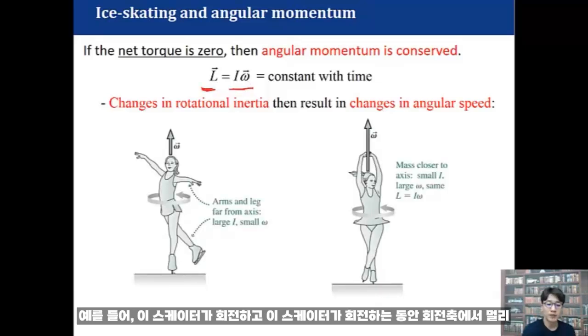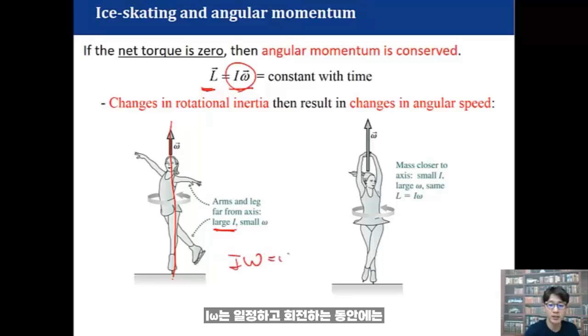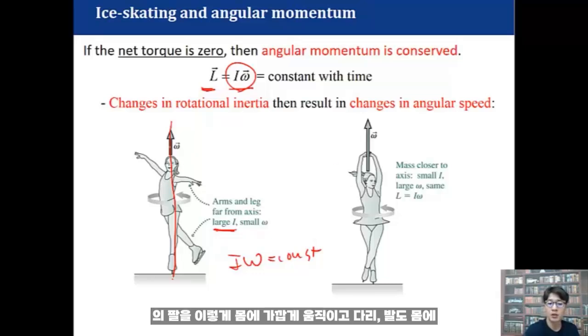So, for example, this skater rotates, okay? While this skater rotates with arms and legs far from the rotational axis, rotational inertia is large, and I omega is constant. And while she rotates, she can move her arm like this, close to her body, right?